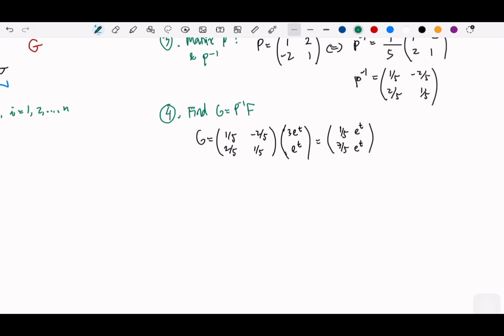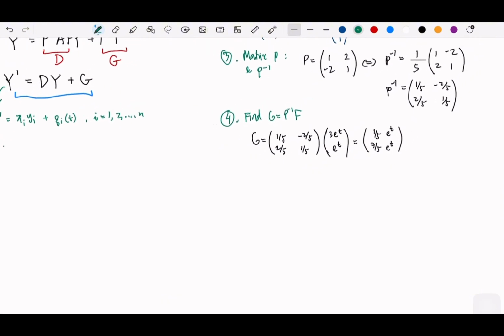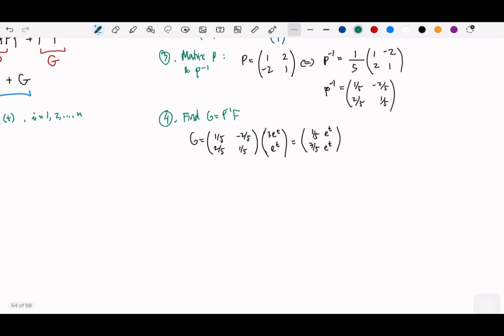So G is that, and let me write here our D. So we have an uncoupled system.